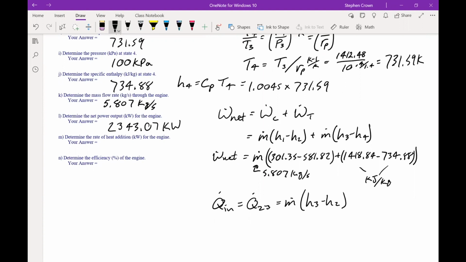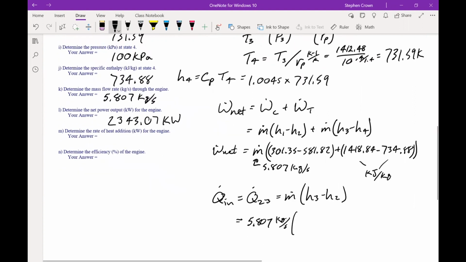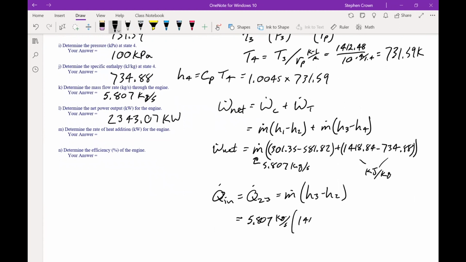And I get that equals 5.807 kilograms per second times H3, which is 1418.84 kilojoules per kilogram, minus H2, which is 581.82.